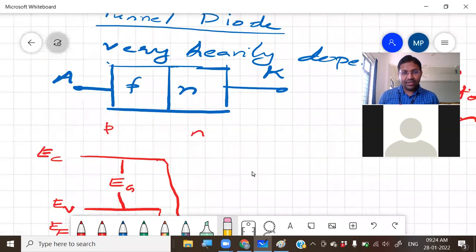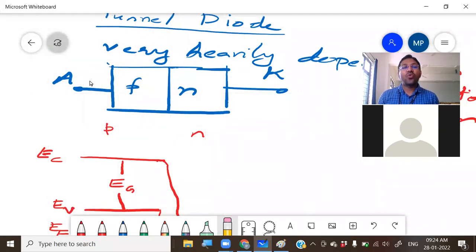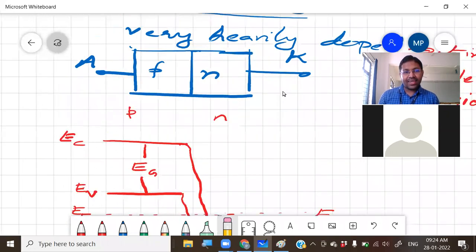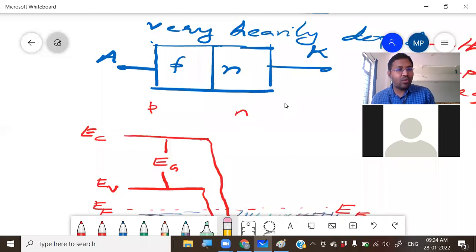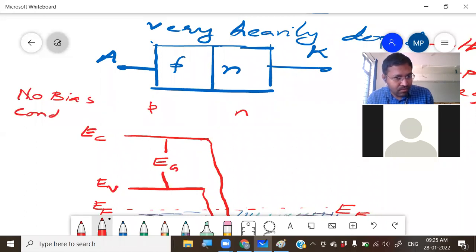So far we did not apply any voltage to this. We did not give any supply. Such a situation is called the no bias condition. What is the meaning of no bias condition?